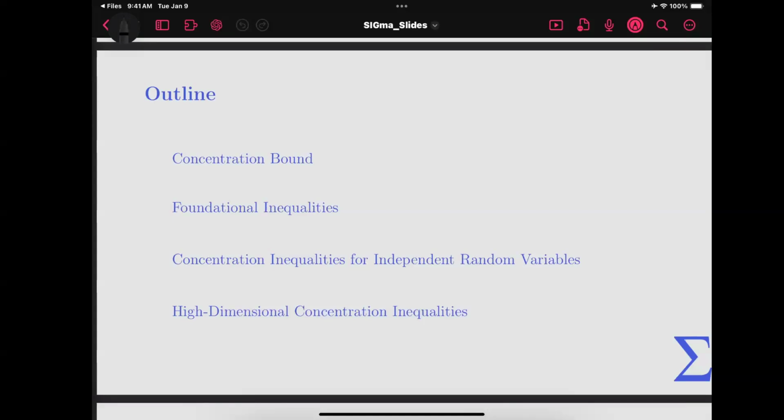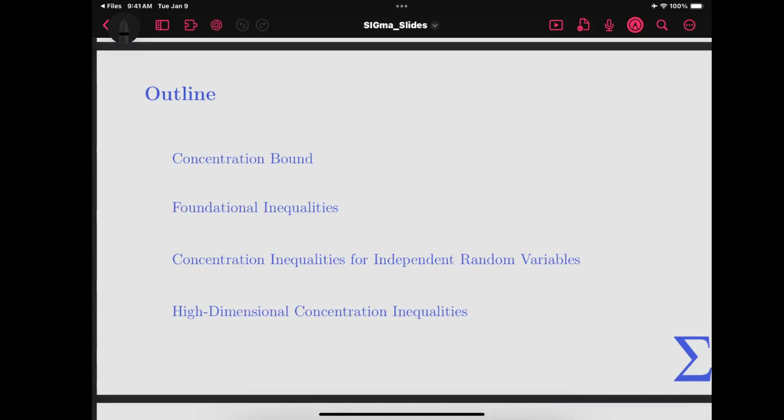First of all, I will explain what a concentration inequality is, which is a concentration bound. There are a lot of results on concentration inequalities, but from my point of view, I divided them into three smaller categories, because there are a bunch of results for these inequalities.